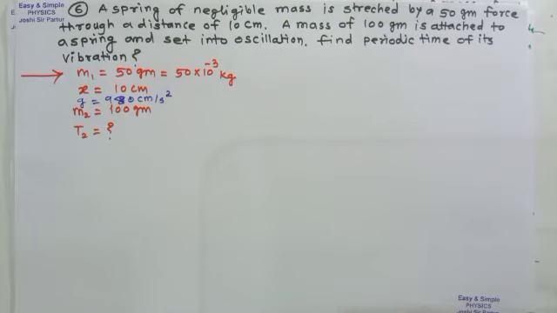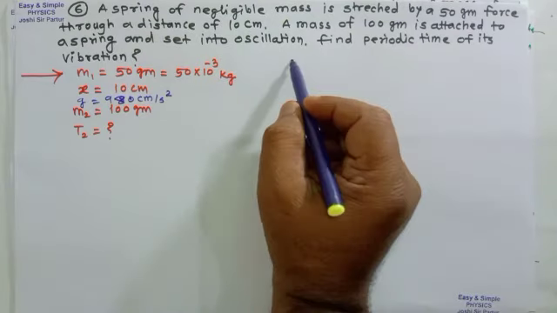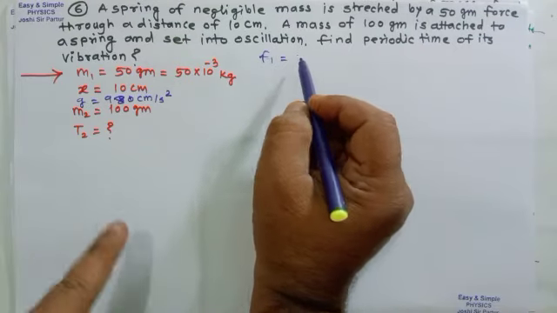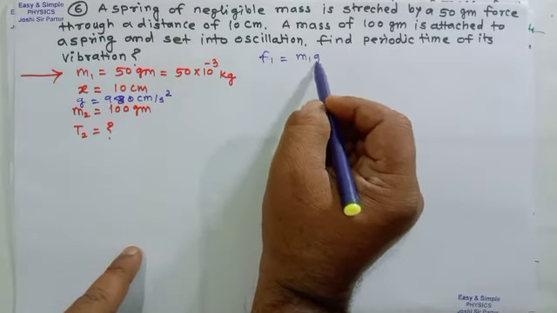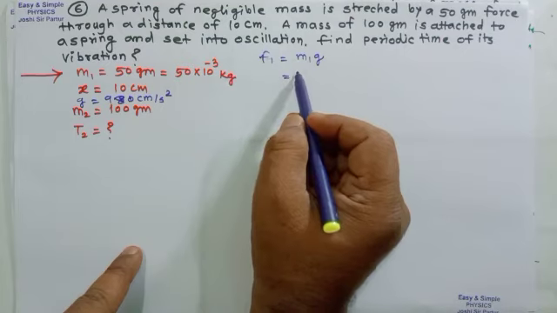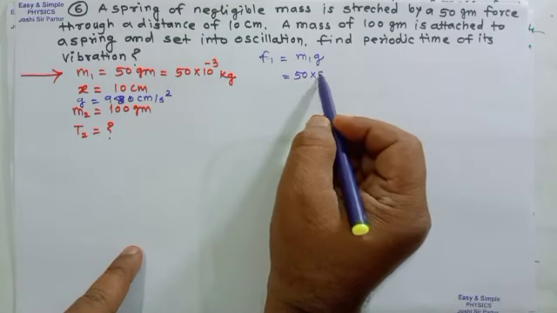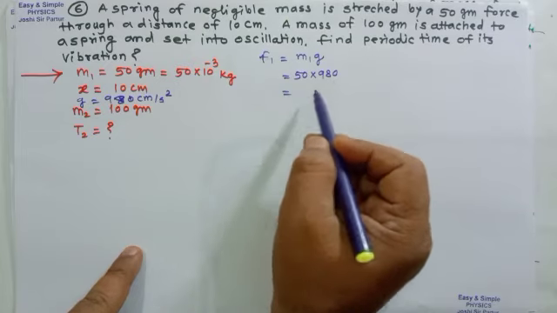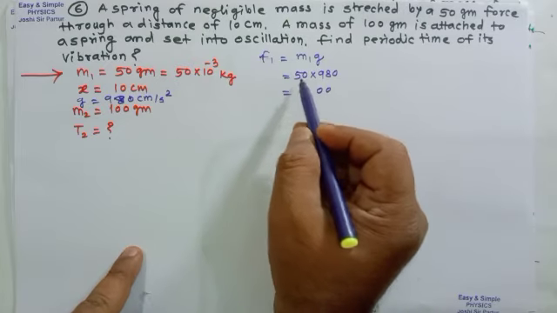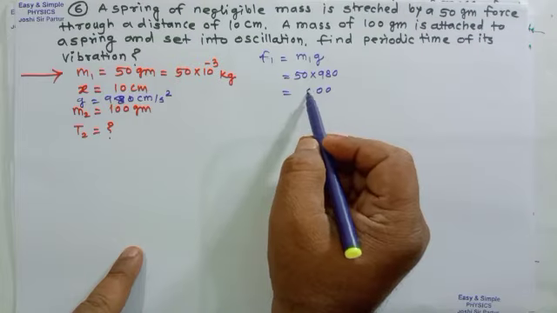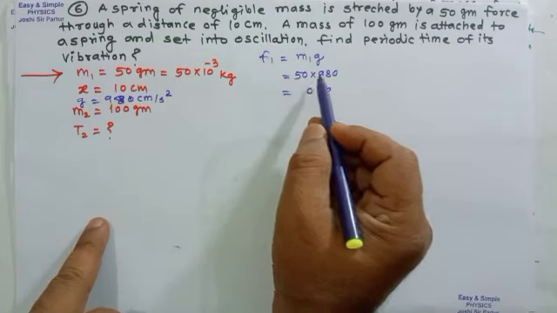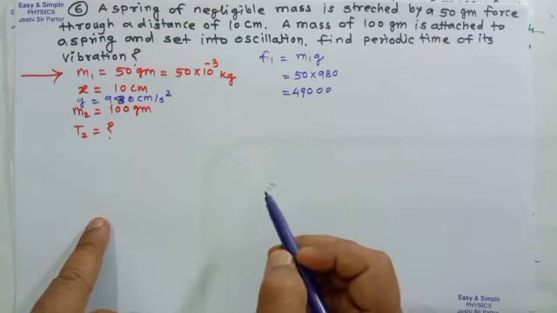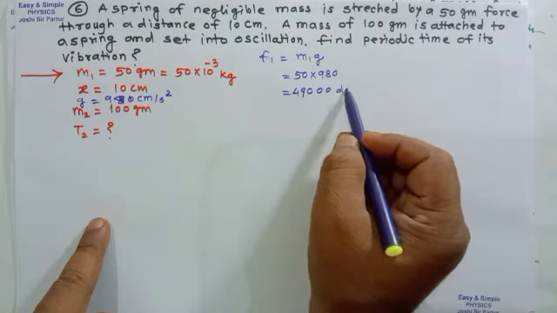So first of all we use the force for the first particle: F1 is equal to m1 into g. m1 will be 50 into 980. So 2 zeros are there, 8 5s are 40, 4 is remaining, 9 5s are 45 and 4 is 49. So it will be in dyne, 49000 dyne.